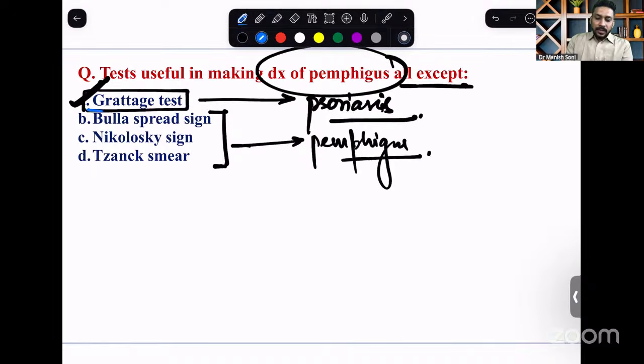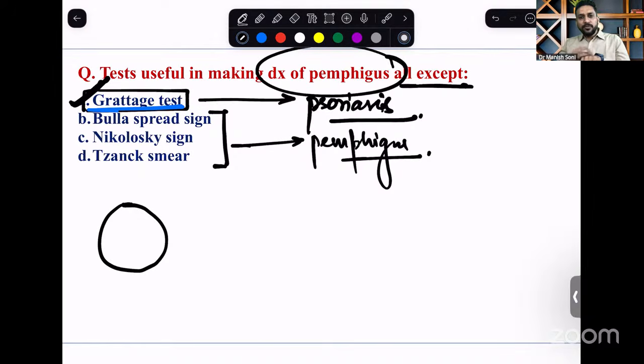So, Gratage test. Let us consider that this is that erythematous plaque of psoriasis with silvery white scaling, and you took a glass slide and you started scraping it. When you scrape it, that is when you start peeling it, what happens? This peel of silvery white scales starts coming out. This is known as Gratage test.